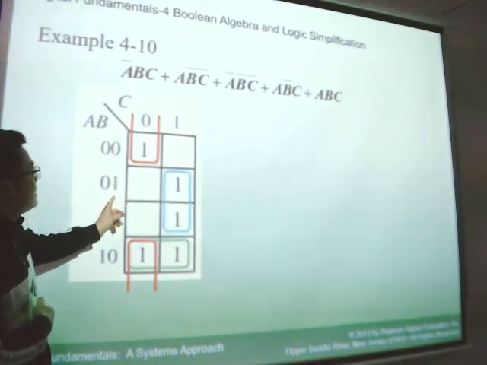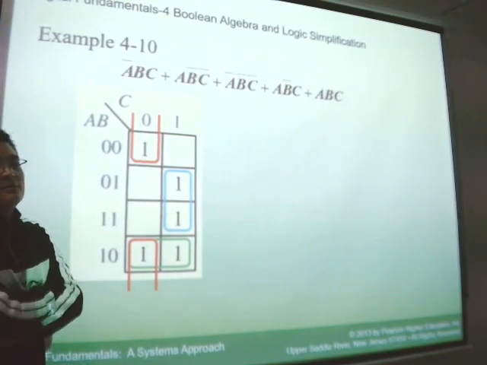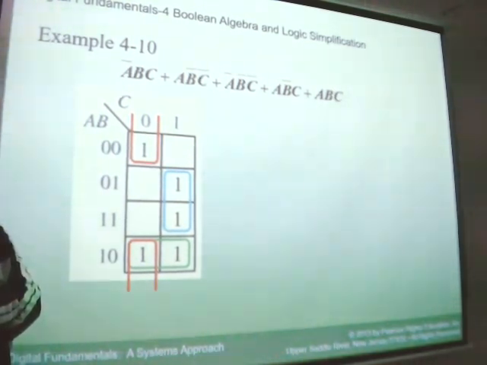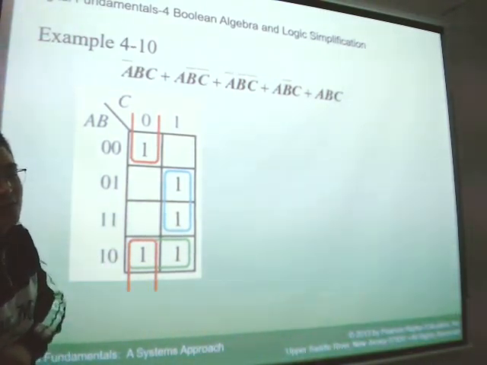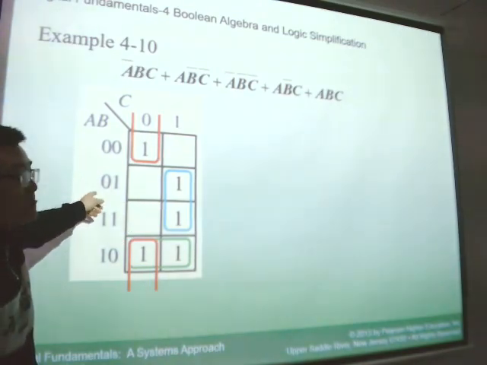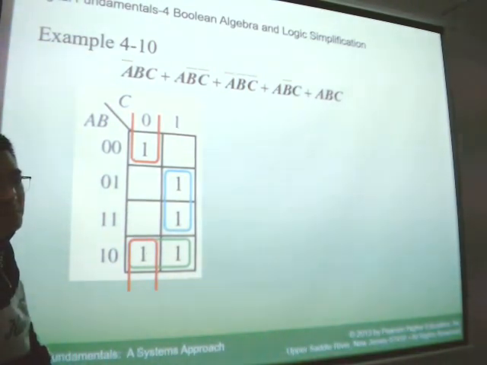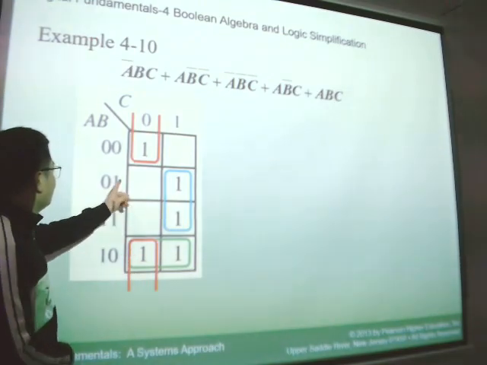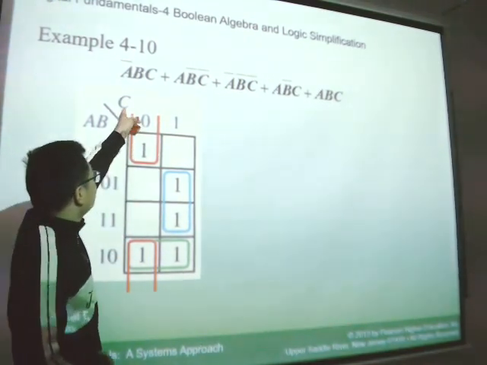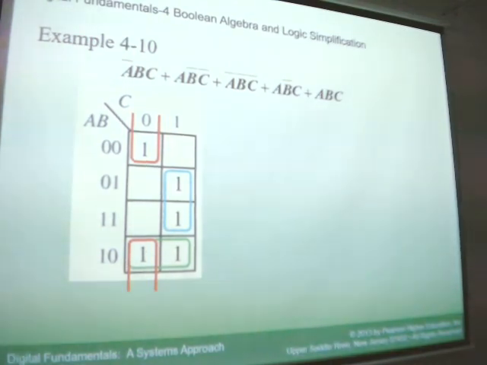B equals 1, C always 1, so what is the minimum product term? BC. Yes, BC. B always 1 and C always 1, so the product term is BC.